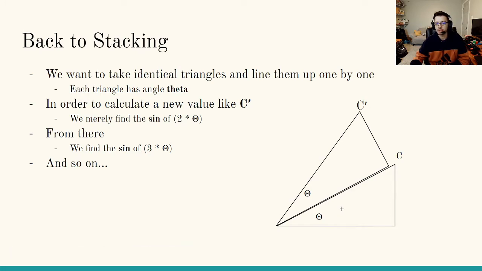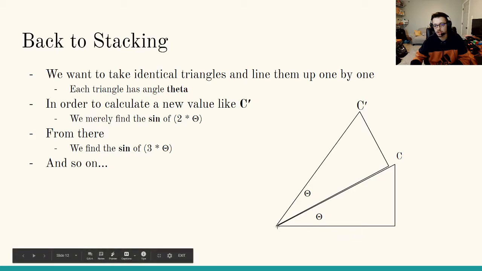So what we can do is find the sine of this value right here, and that will represent our new height, and we can find the cosine to represent our new length down here, and we can use that x, y combination to find this new value of C.